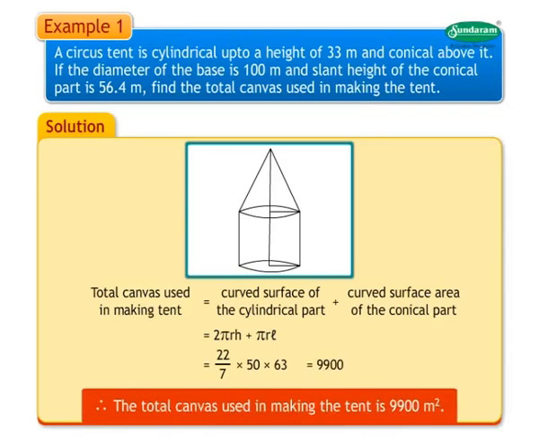Therefore, the total canvas used in making the tent is 9900 meters square.